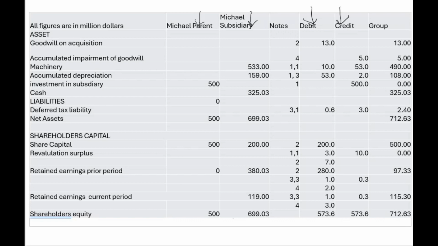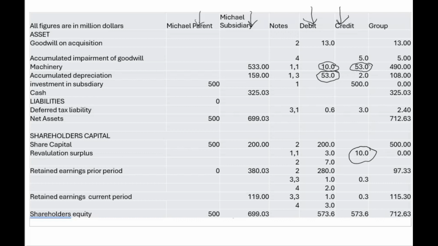Our first entry was to revalue the asset. We debited accumulated depreciation and we credited machinery as at the date of acquisition. Then we increased the machinery value by 10 and we increased the revaluation surplus by 10.